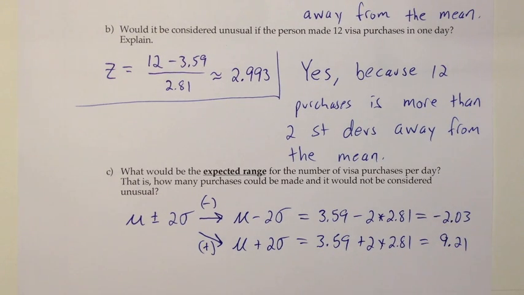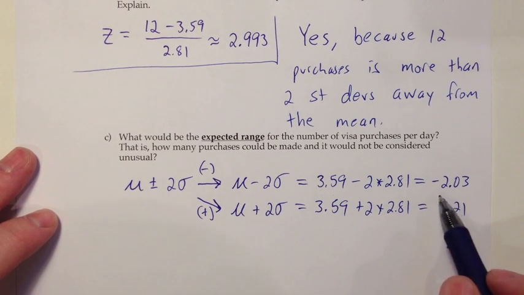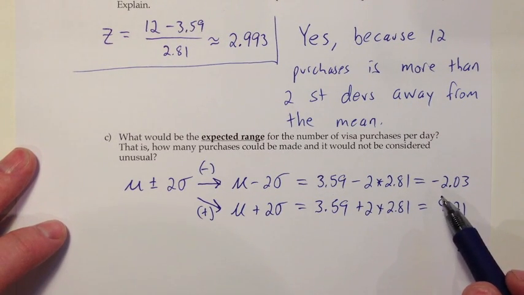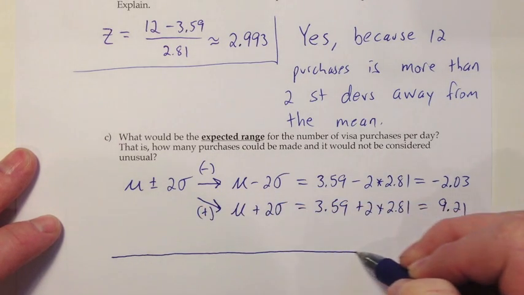But when you're dealing with a variable that is discrete, and the number of purchases made per day is discrete, then I think what you should think about is what's the smallest value in this range that makes sense, and what's the biggest value in this range that makes sense. And I don't think anything in the negative range makes sense. So we kind of have, let me draw a number line for you.